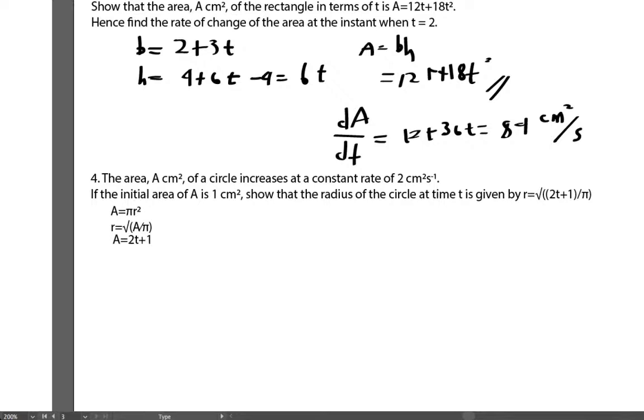And then you can just take the derivative. dA over dt is 2, which is proven. And you know when t is 0, A is 1. See, the thing is correct. Proven.